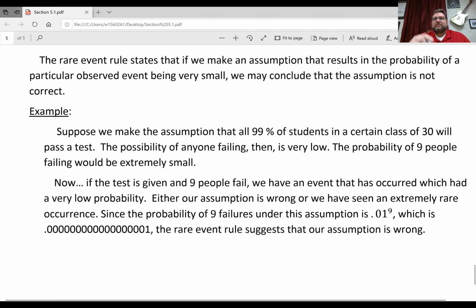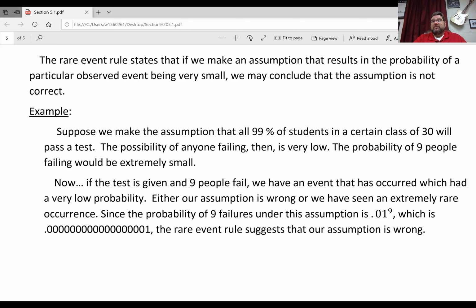So I have an example here, of course. All right, suppose we make the assumption that 99% of students in a class will pass. All right, 99 people, we're assuming that 99% are going to pass. Now, therefore, the probability of anyone failing is very, very low. Okay, in fact, 1 out of 100 people would fail. That's 0.01.